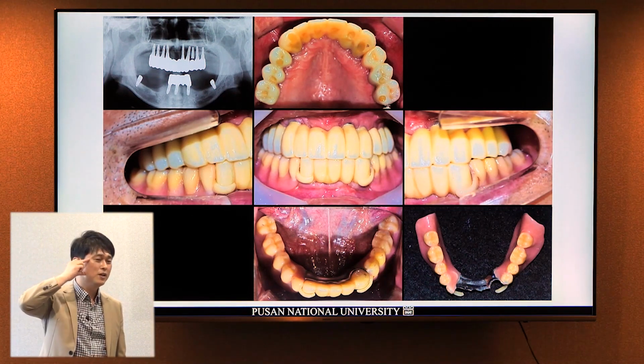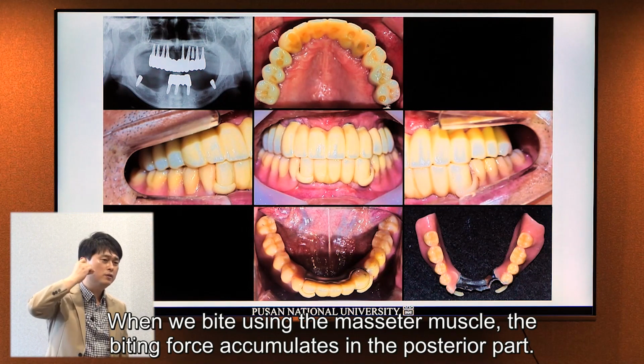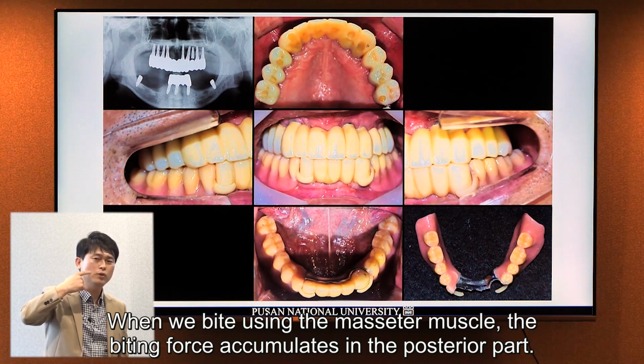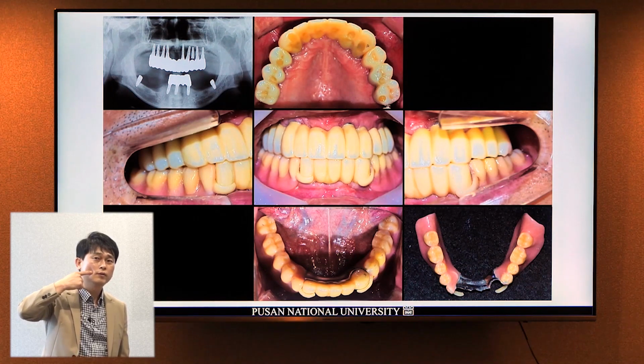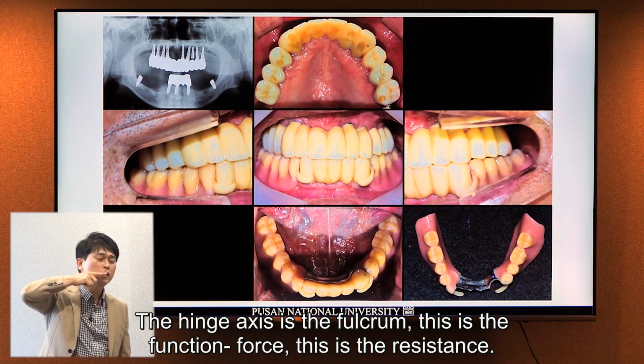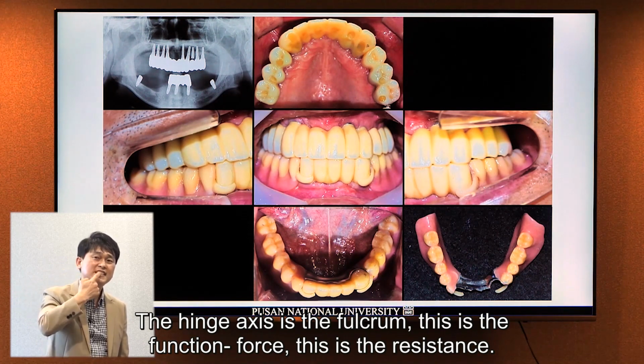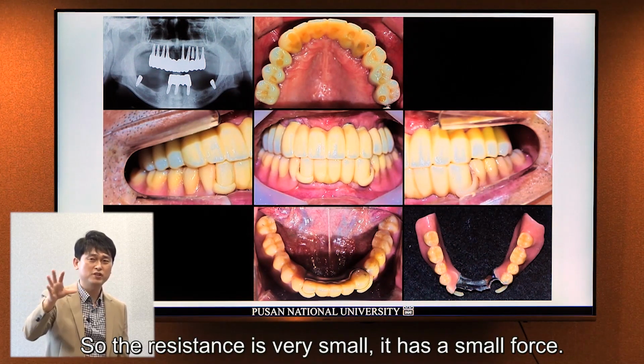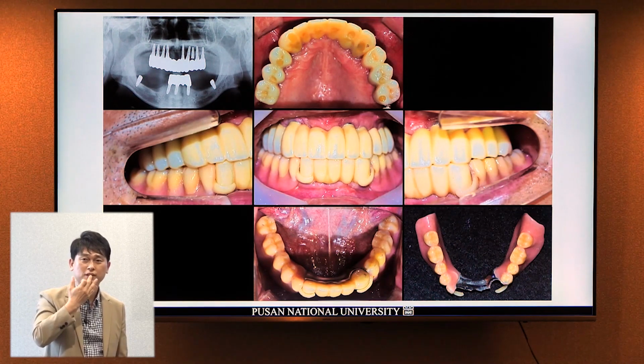When we bite using the masseter muscle, the biting force accumulates in the posterior part. The hinge axis is the fulcrum. This is the function force. This is the resistance. So the resistance is a very small force.